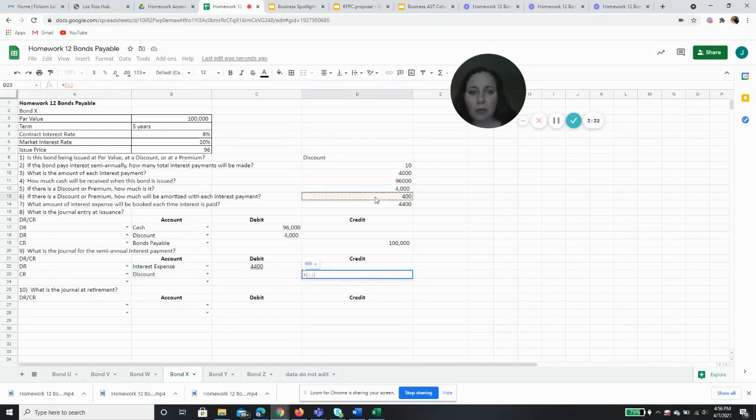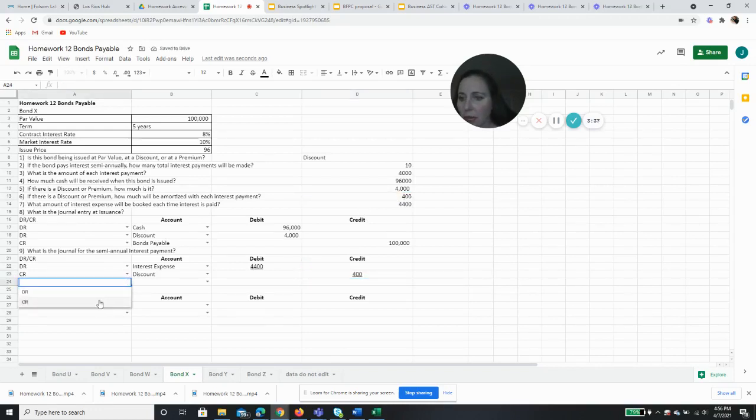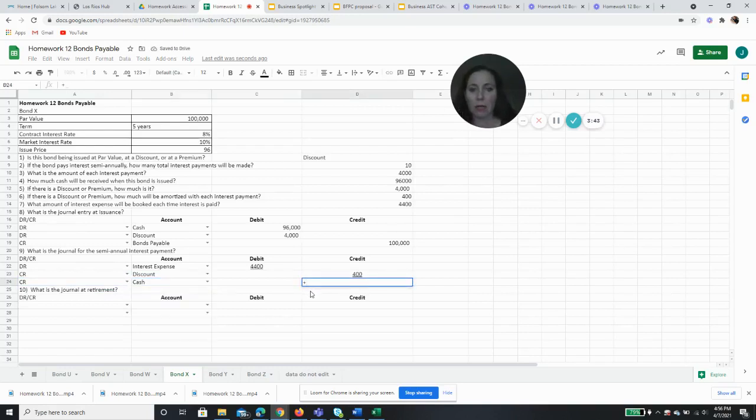And we said that's going to be $400 a period. All right, and then we are also going to credit cash because our bond holders like to be paid in cash. God bless them. All right, and they're going to get $4,000 every 6 months. All right, so our total debits are $4,400, total credits are $4,400. We are happy, happy, happy.